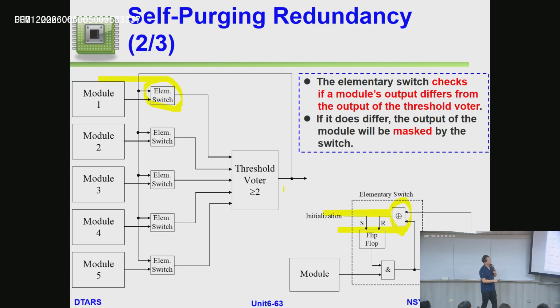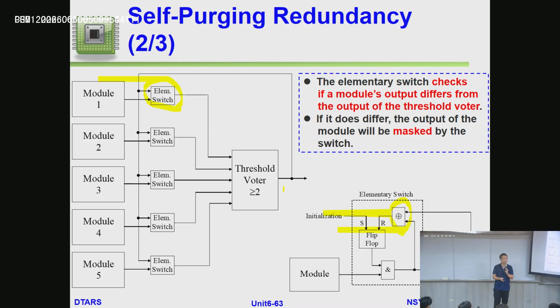How about the situation where the correct answer should be 0, but these 2 faulty modules, we assume these 2 are faulty, generate faulty outputs that happen to be logic 1 at the same time? If these two modules generate faulty results and their results are both logic 1, then this logic 1 will be used as the golden output.